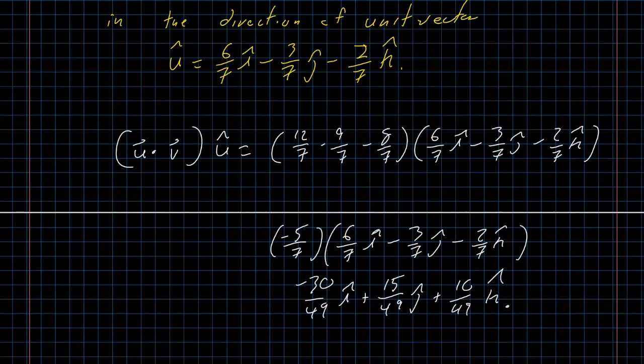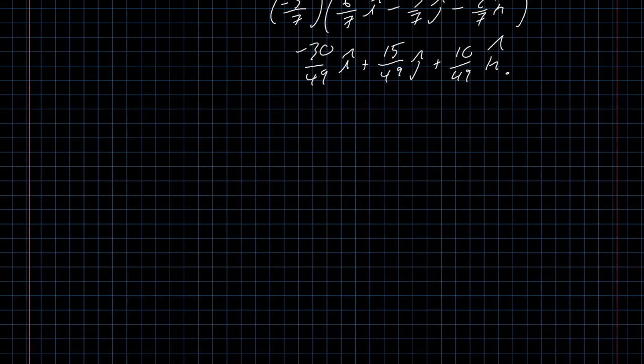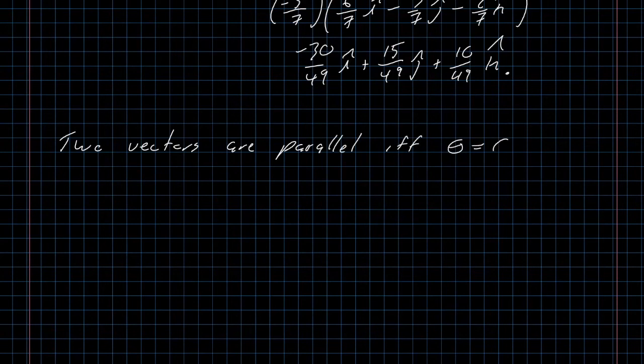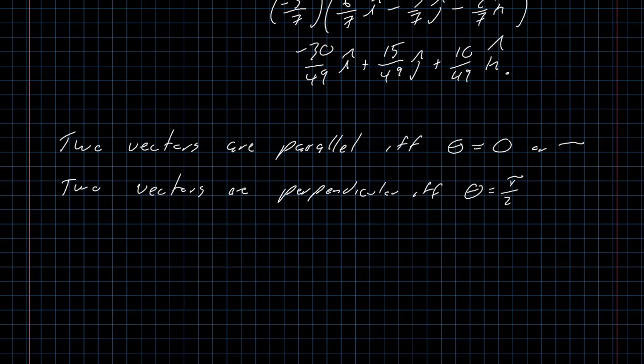Right. One more tool that we can look at when it comes to trying to work with the dot product is that knowing the angle between two vectors gives us some easy way of measuring when vectors are parallel or perpendicular.